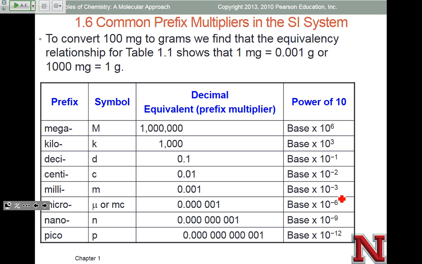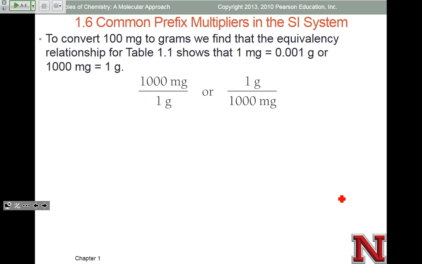Your milligram is smaller. So this is how I'm going to teach you with conversions, because it's going to go along with unit analysis throughout this entire class. So what I can say with this is, I can say 1,000 milligrams over 1 gram, or 1 gram over 1,000 milligrams.